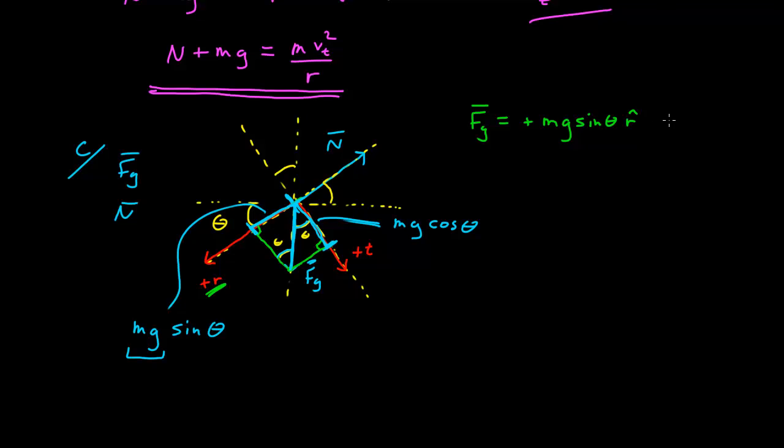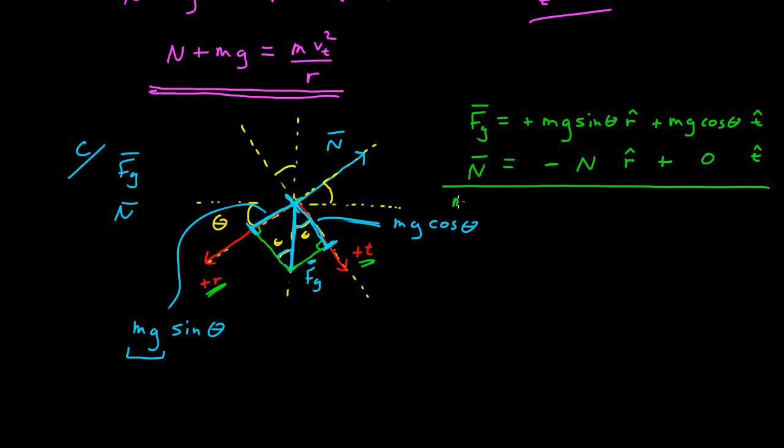So that gives me mg cos theta as that component. It's along the tangential axis, and looking at my coordinate system, it's in the positive tangential direction. Okay, then next I want the normal force, and it's entirely along the radial direction. Looking at my coordinate system, it's in the negative radial direction, and it has no tangential component.